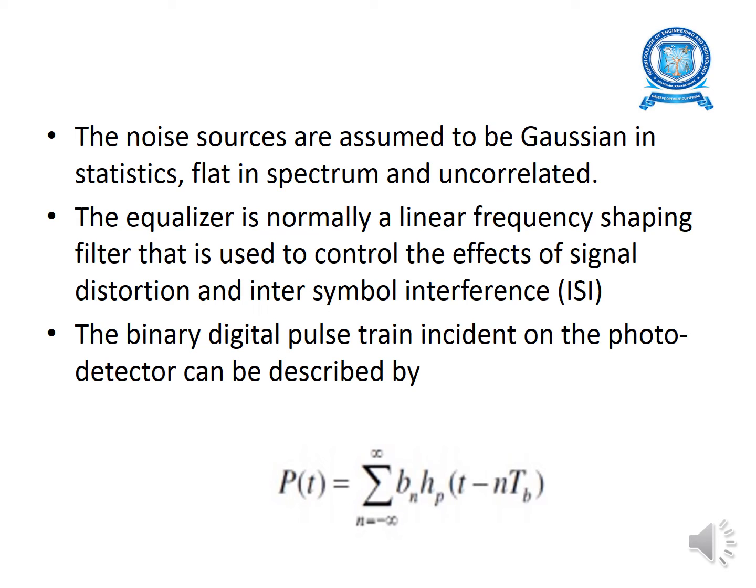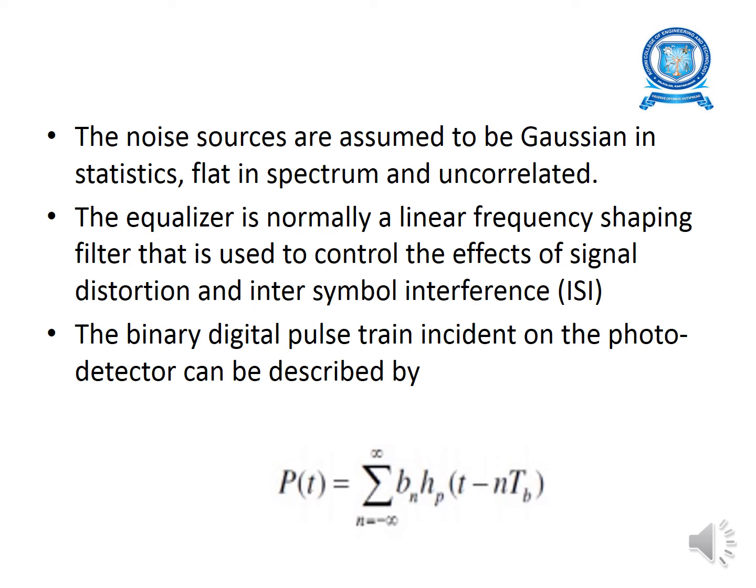The binary digital pulse train incident on the photodetector can be described by P of t equals summation n equals minus infinity to plus infinity of Bn times hp of t minus n TB, where P of t is the received signal power, Bn is the amplitude of the nth message bit, TB is the bit period, and hp of t is the received pulse shape which is positive for all time t.